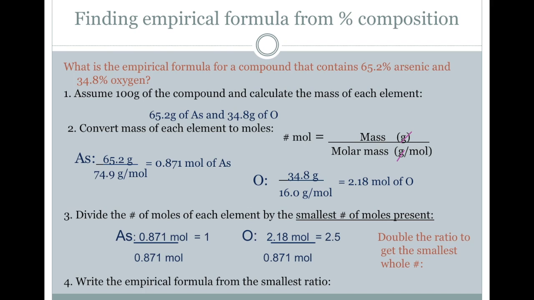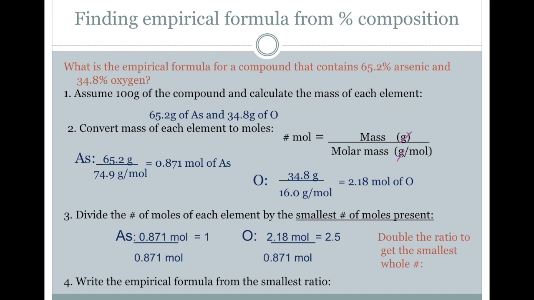And then we're going to look at oxygen. So again, we're going to divide by 0.871. We're dividing both by the same number. What we're trying to do here is, we have a ratio of 0.871 moles to 2.18 moles, but we want to make this a whole number ratio, and this is a way of doing it.